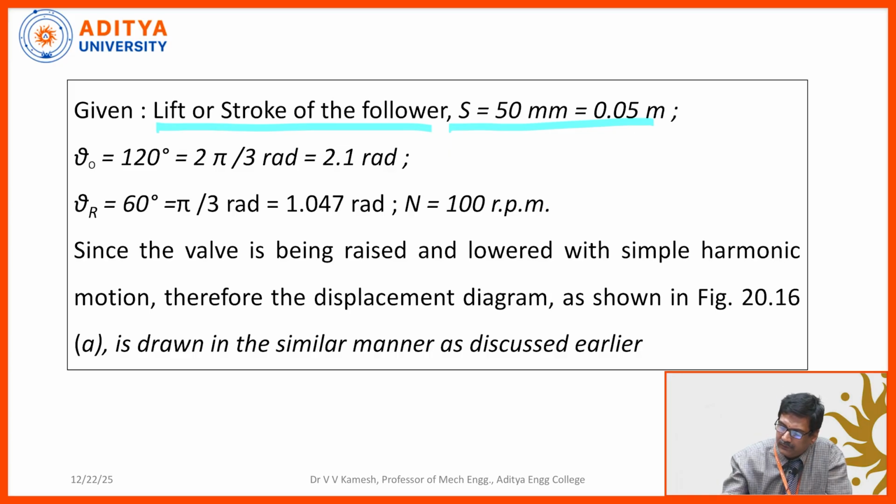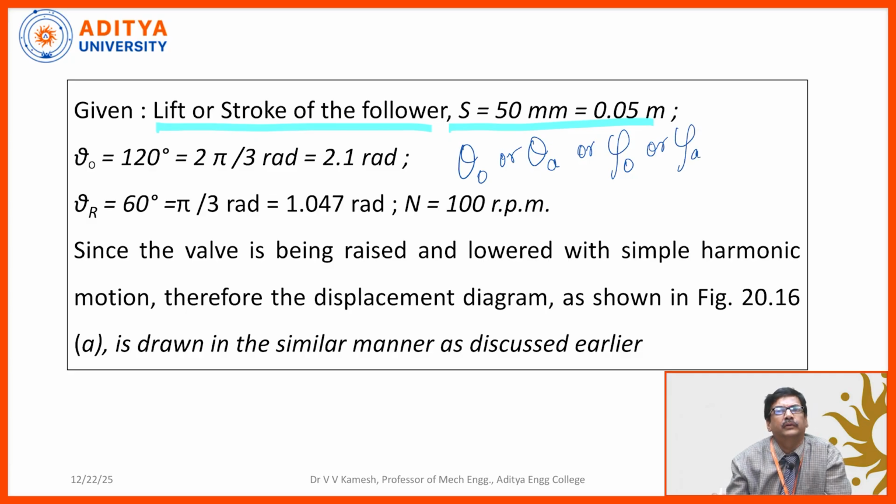Theta O, this theta O you can write either theta O or theta A or phi O or phi A, or if you want to have any other angle notation, you can take alpha, beta, gamma, anything, right? So why are we making it O or A? O means outstroke.